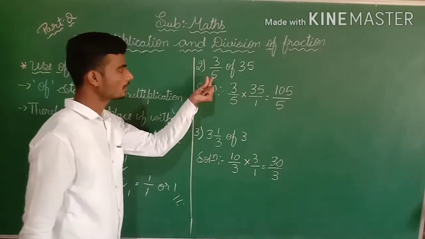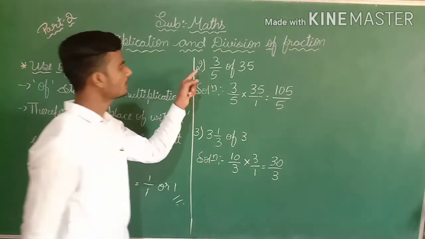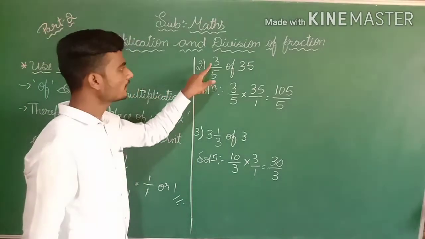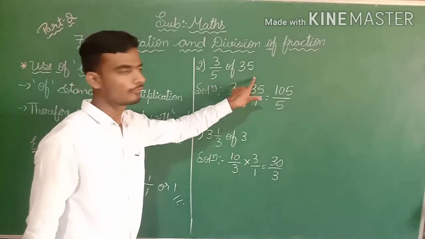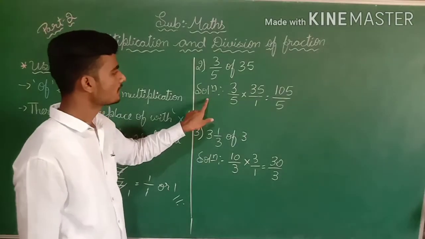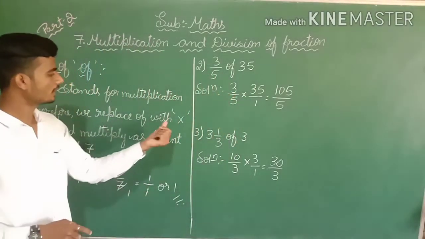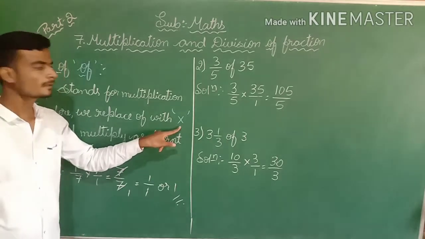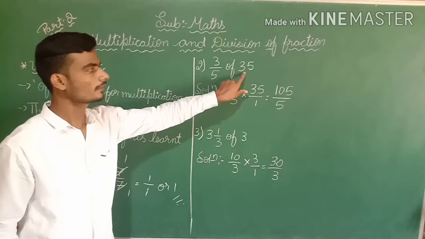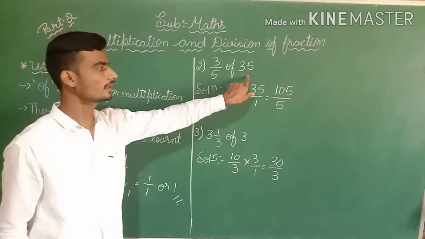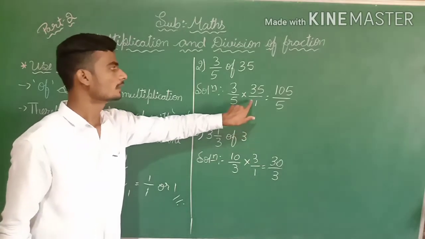I have taken one more example related to that topic itself. That is the second example, 3 by 5 of 35. Solution, 3 by 5. In the place of "of", what do we have to write? We have to write a multiplication symbol. Then you already know, if a whole number is given, you can write it divided by 1. No problem.